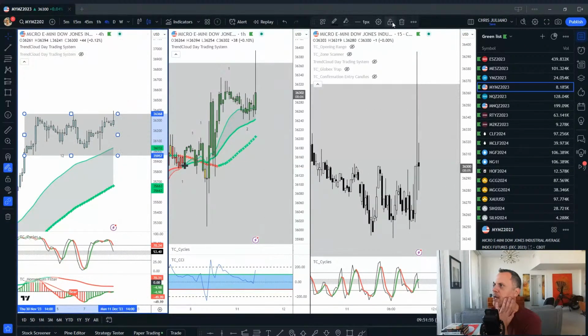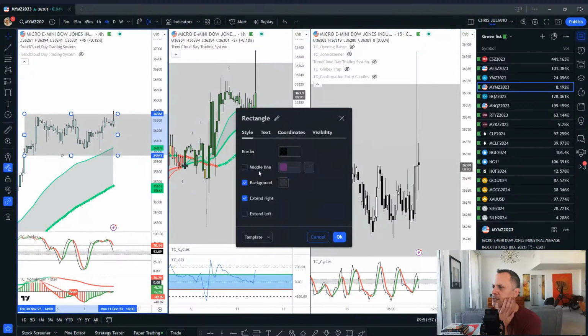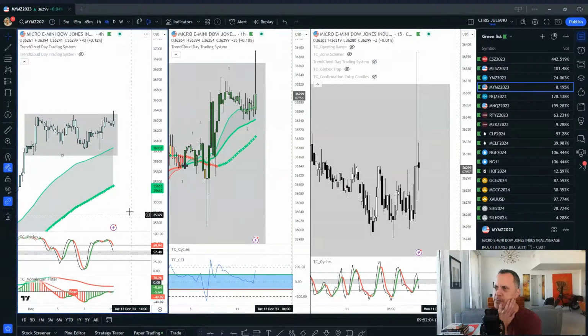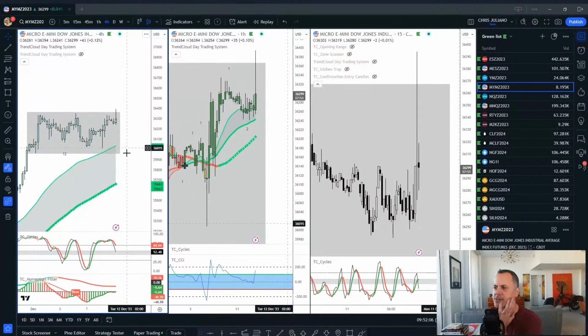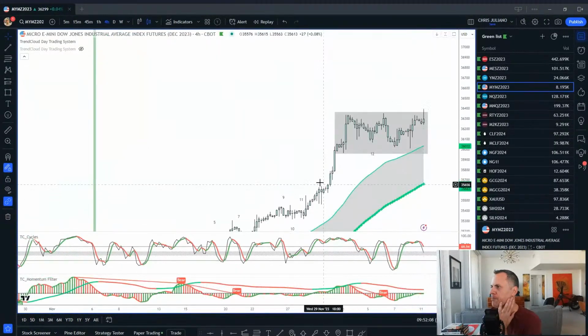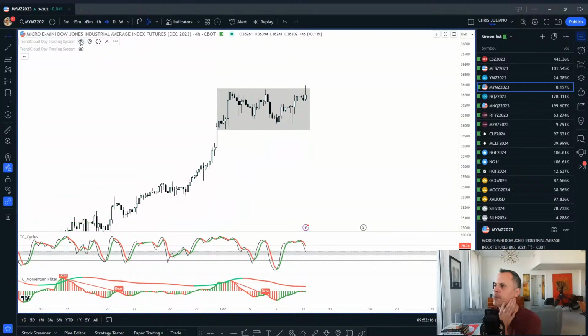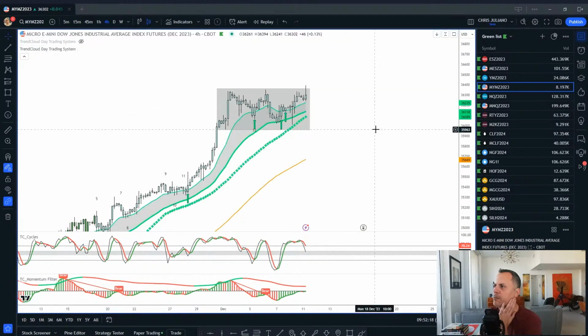And we'll make it like that. Go to that gearbox, turn off extend right, and now you've got yourself a little consolidation box there, a neutral consolidation box. And it will look like that. There we go.